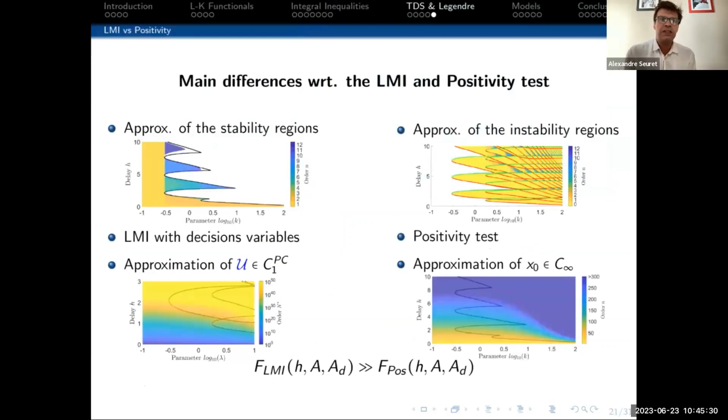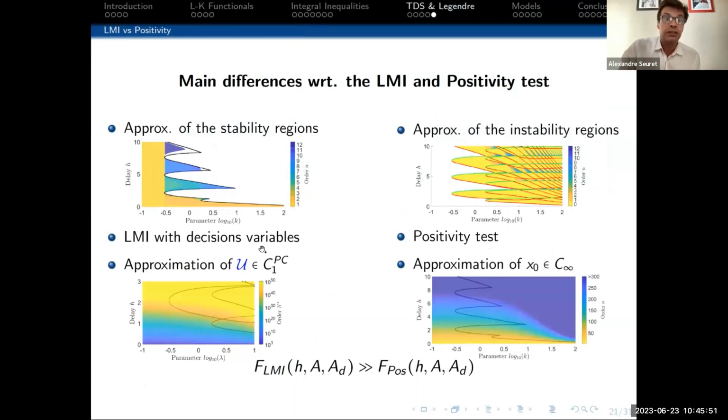So this is just to sum up the main difference between the LMIs and the positivity test. From the LMI side, which is on the left, we approximate the stability region from the left of the figure. And for the positivity test, we do it from the right-hand side.